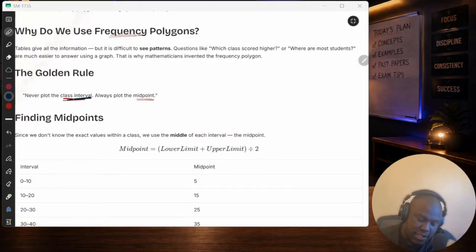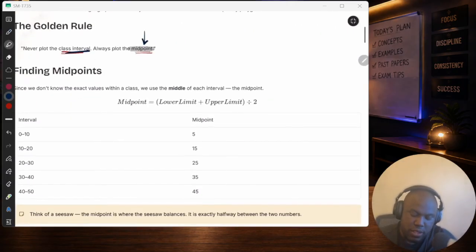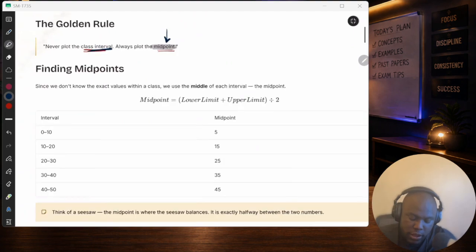It's not the class interval, it is the midpoint. So if you want to sketch a frequency polygon, there is something you always need to calculate first, which is the midpoint. I want to see midpoint, please. Then with the midpoint, we're going to be able to sketch with the frequency. So you get something like this.